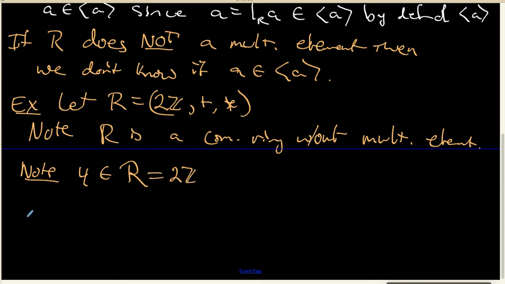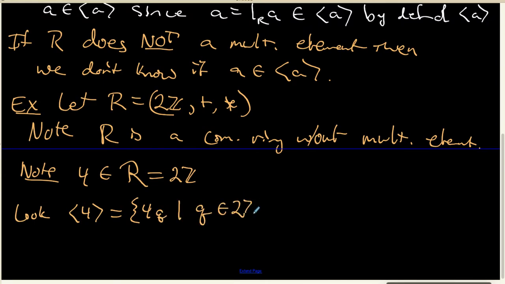And so what I want to do is look at the principal subset of 2Z generated by 4. Well, that's going to be the set of things that look like 4 times q, where q is drawn from 2Z. But I know what that is.